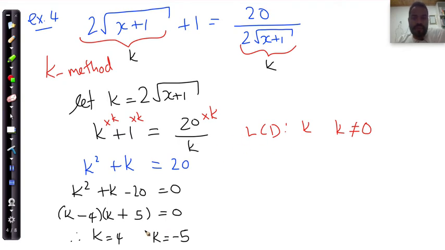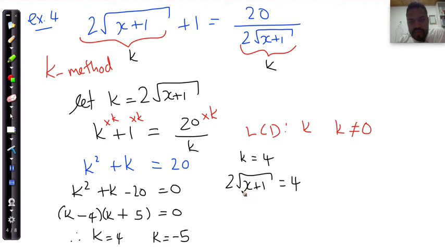But we're not done, because we've got K equals negative 5 and K equals 4. So I'm going to back substitute. I've got K is equal to 4, and we know K is actually this whole thing over here, 2 into root of x plus 1 is equal to 4.